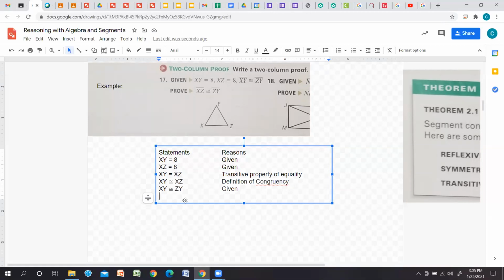So I write that out: XZ is congruent to ZY, and that is the transitive property of segment congruency, right?